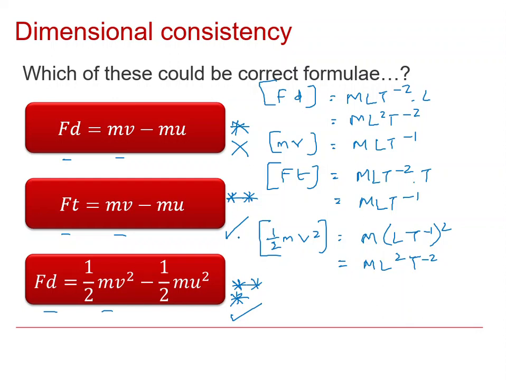So we verified that it is dimensionally consistent, strictly speaking, and equally the third equation is the work done equals change in kinetic energy equation, so not hardly surprising that one's correct as well. The first one looks distinctly dubious, as it seems to be equating work with something not associated with momentum.